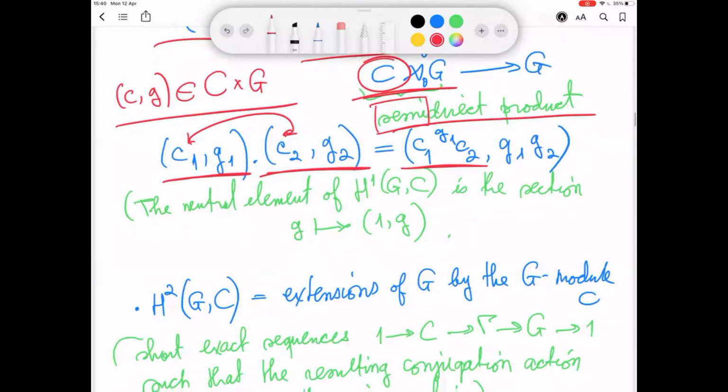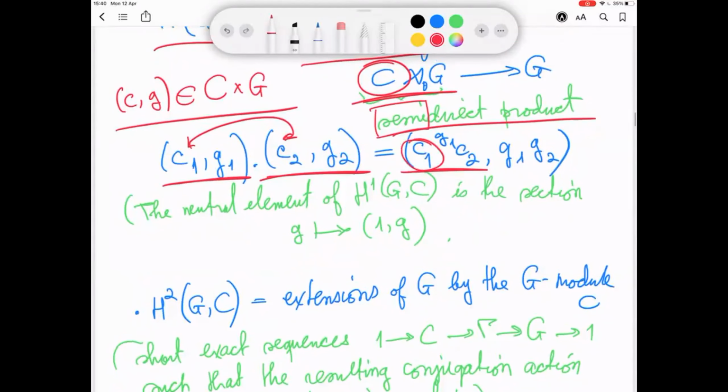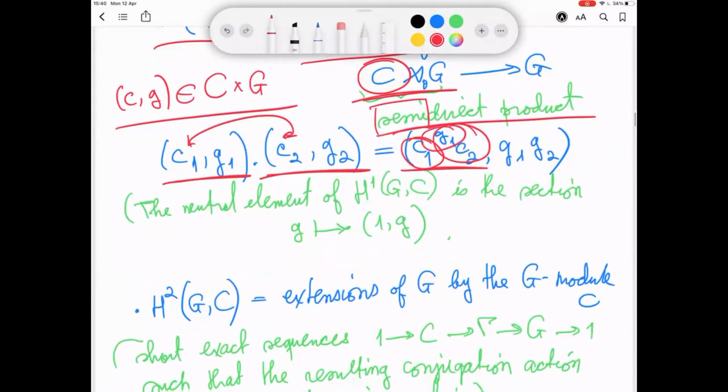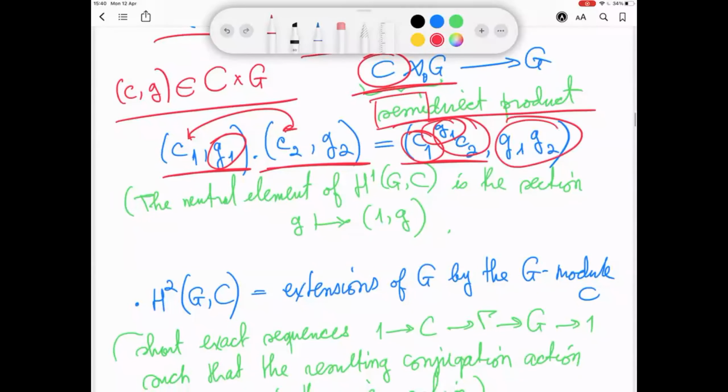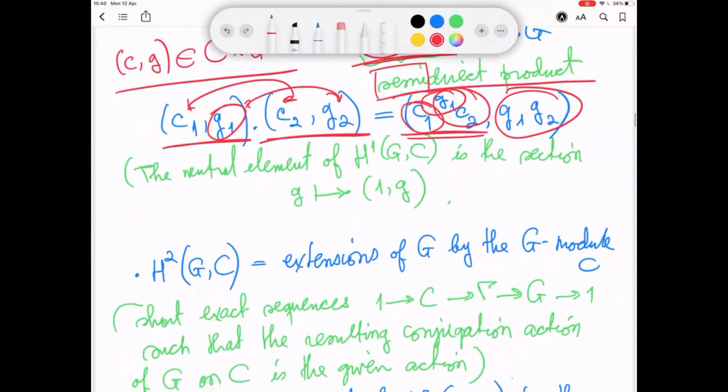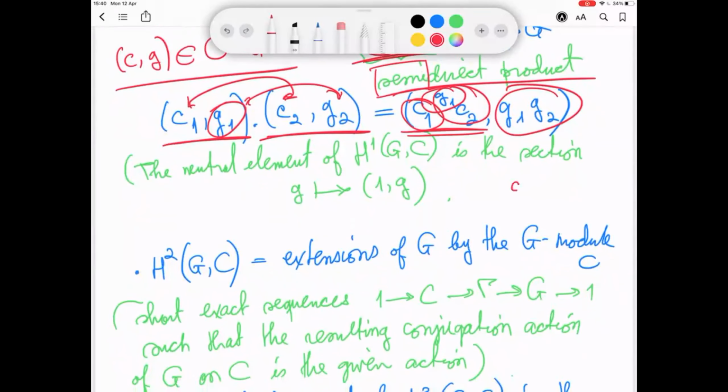So you multiply c1 not with c2, but with c2 acted upon by g1. And the second component is just the product of g1 and g2. You do nothing there. Only in the first component do you do something funny: it's c1 multiplied with g1 acting on c2, and the second component is just g1 g2.